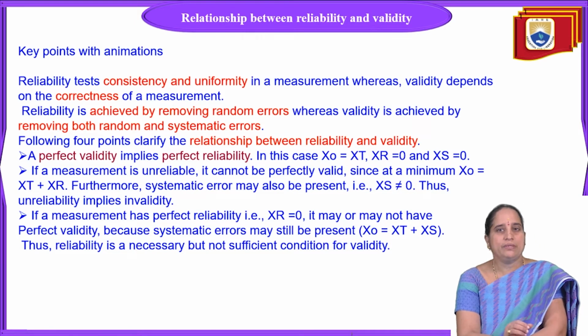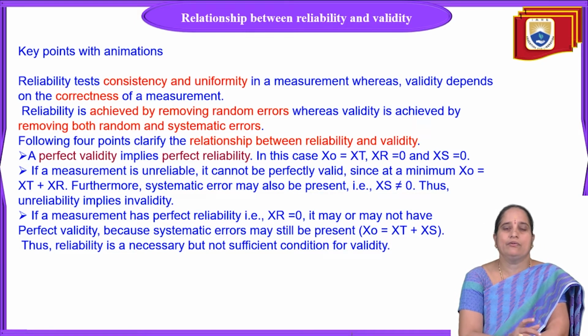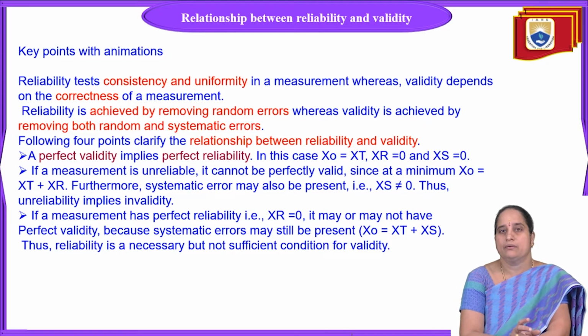If a measurement is unreliable, it cannot be perfectly valid, since at a minimum X0 is equal to XT plus XR. So there will always be a random error in case of an unreliable measurement.